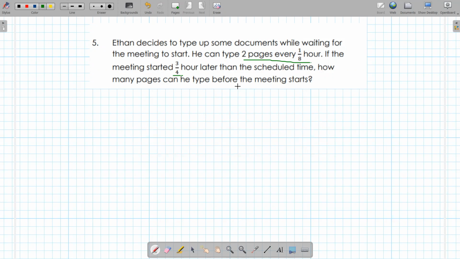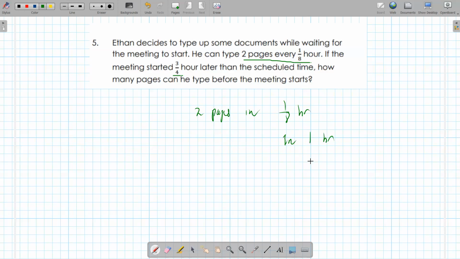Do you divide something here? So yeah, you do. So 2 pages in 1 over 8 hour, right? In 1 hour, how many pages? Just 2?